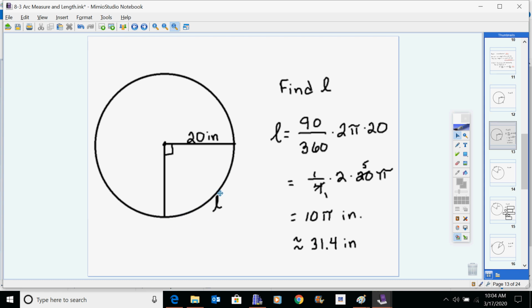That's an approximate value if you were measuring from here to here in inches. So what you're doing is you're going through and you're finding the part of the whole and plugging it into the formula to get how long the arc actually is. Let's look at another one.